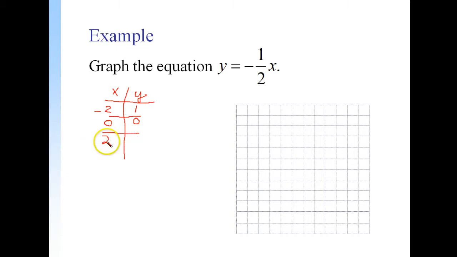Now, if this is a +2, again, the 2's cancel out, and I'm left with a -1. So there are my 3 points, and I'm going to make a graph. And notice what I get. A point there, a point there, and a point there. And I take my line tool.